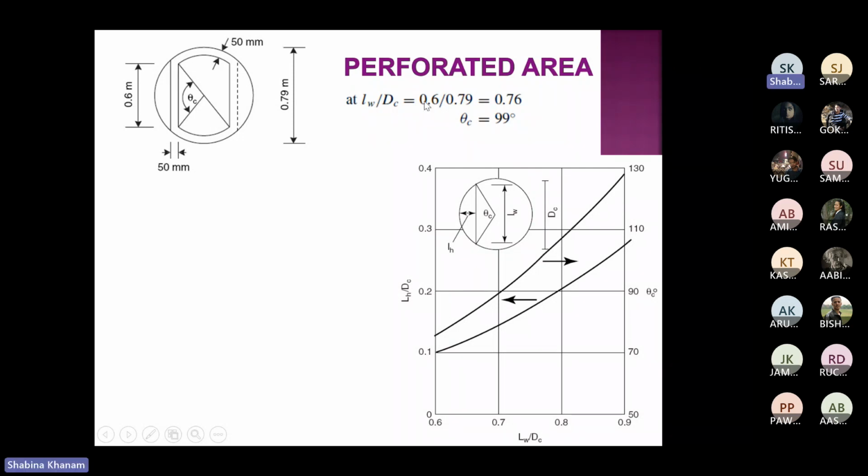This ratio we need to consider. So LW by DC you can find as 0.76, which is coming somewhere over here, and you can find this theta c, and that theta c you can get as 99%.